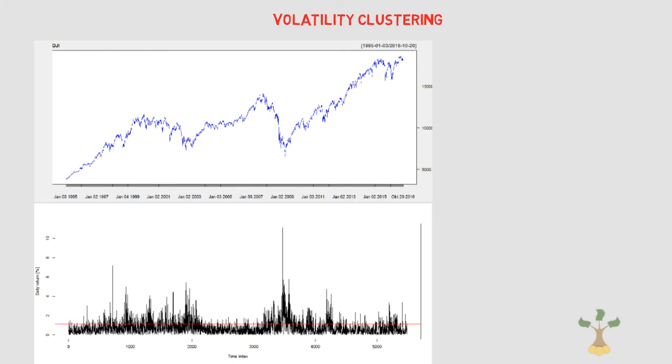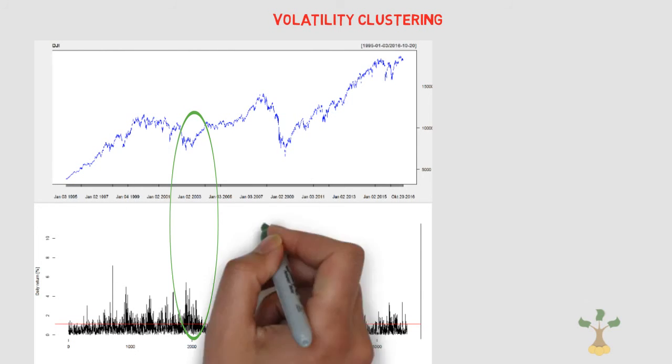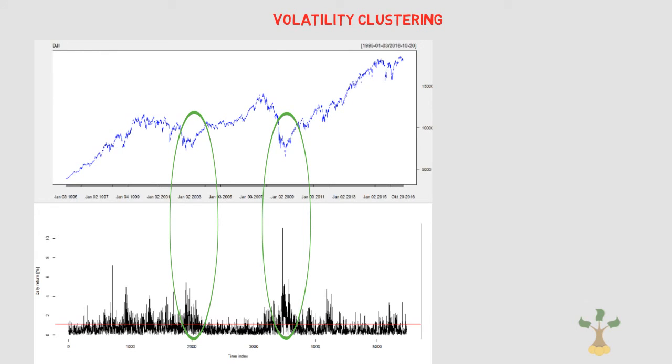Once volatility is high, it tends to stay high until it flattens out and periods of relatively low volatility follow. It is worth mentioning that periods of high volatility correspond to major reversal points of the Dow Jones, like here and here. This is also the case for many other indices or stocks. On the other hand, periods of low volatility often fall together with pronounced trends, like here.